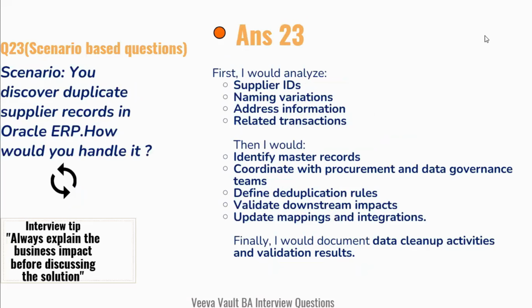All right, for question number 23, another scenario: you discover duplicate supplier records in Oracle ERP. How would you handle it as a BA? You would analyze with the different teams and check the supplier ID and naming variations. If needed, you identify the master record and coordinate with the procurement and data governance teams and check why it happened. If it is duplicate data, you have to define the deduplication rule and also validate the downstream impact.